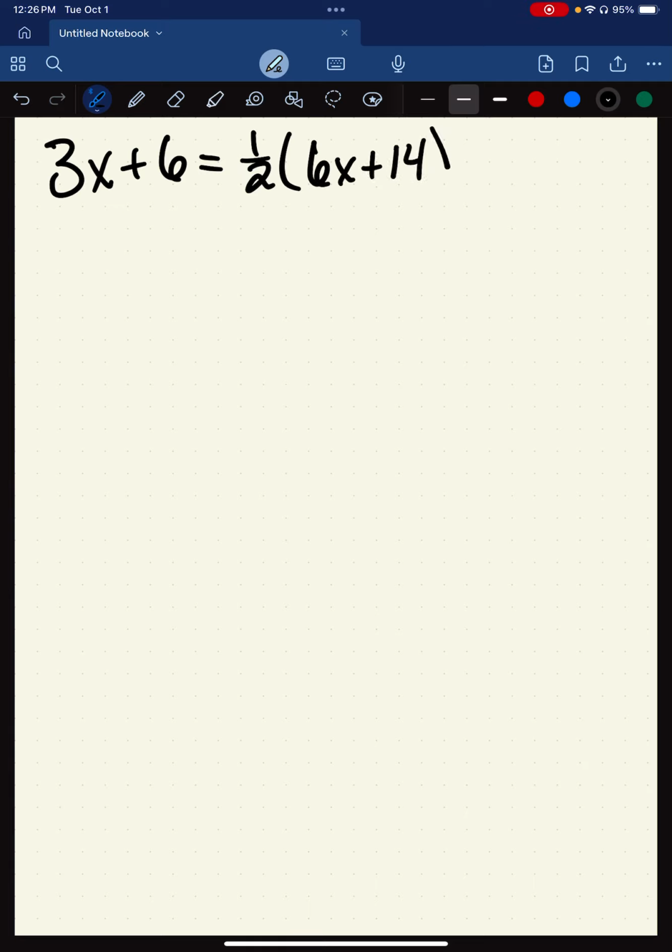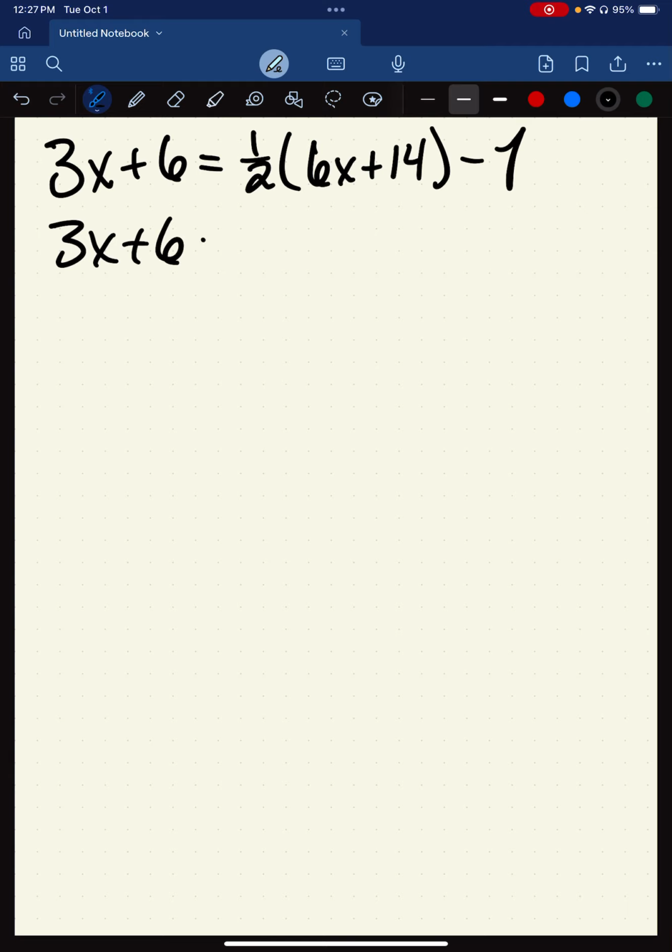And then let's look at the case where there are infinitely many solutions. So let's say we have 3x plus 6 is going to be 1/2 of 6x plus 14, minus 1.